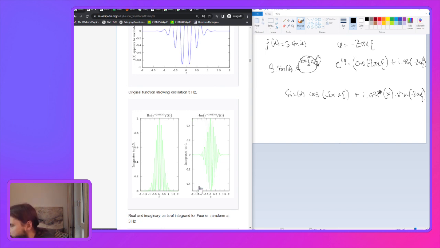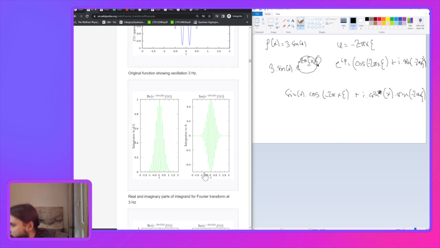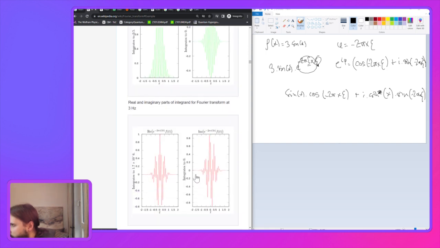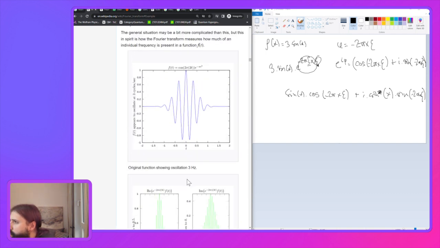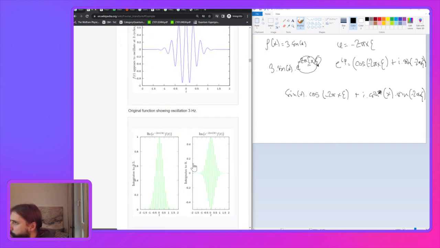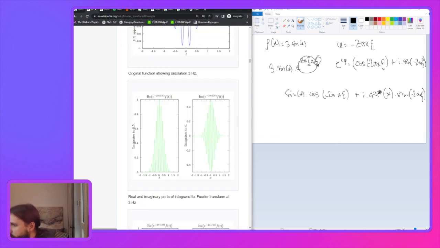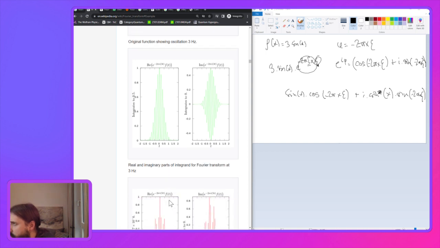It integrates to 0. So that's the original function. And the real and imaginary parts of the transform at 3 hertz.